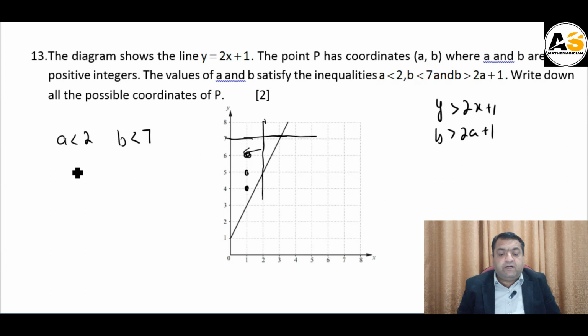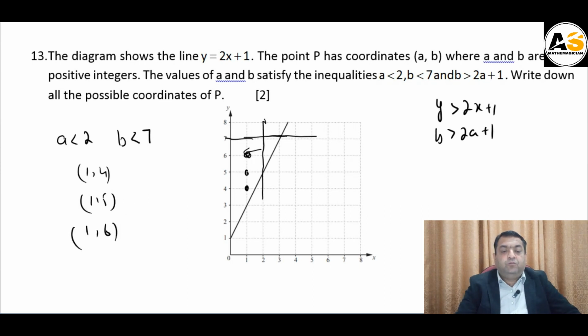And what are these 3 points? This one is 1, 4, this one is 1, 5, and this one is 1, 6. I hope this is clear.